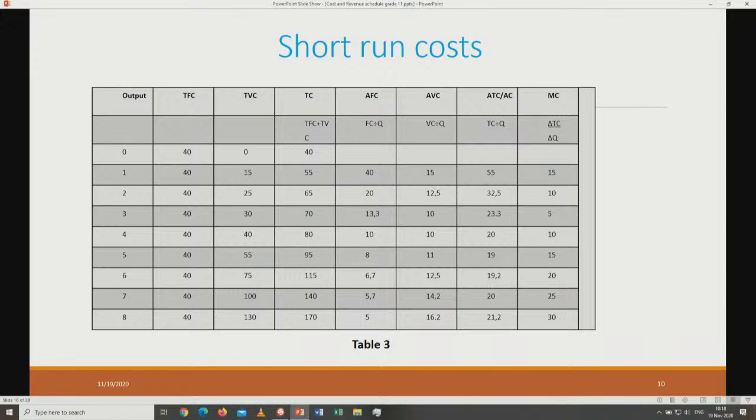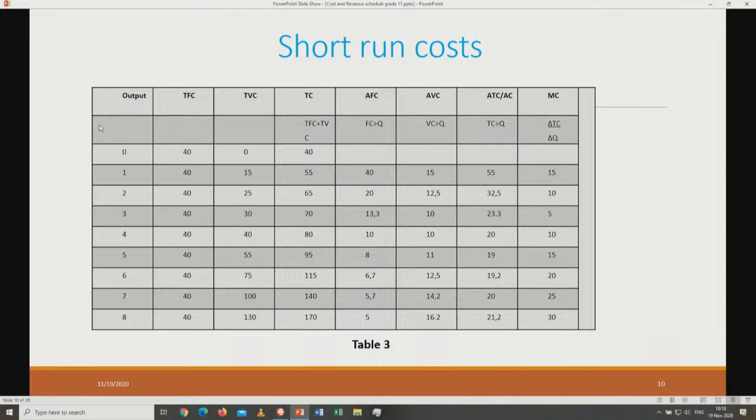You see the small triangle there, it's not actually a triangle, we call it delta. Delta means change. So for us to calculate marginal cost, we take the change in total cost divided by a change in output.